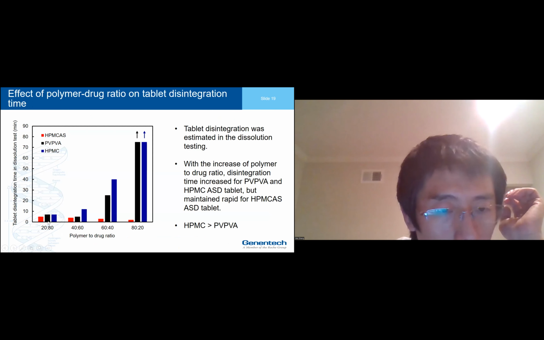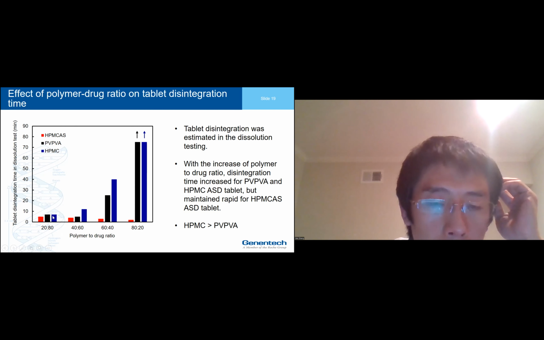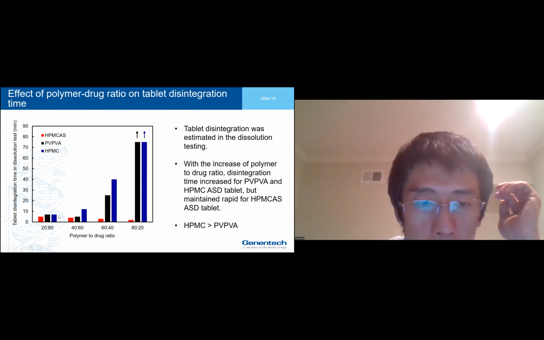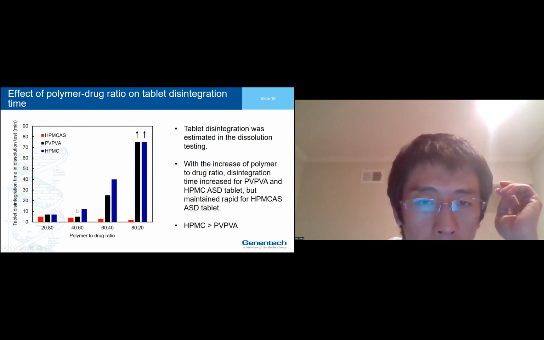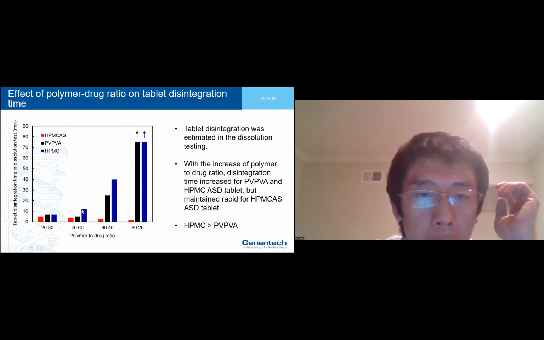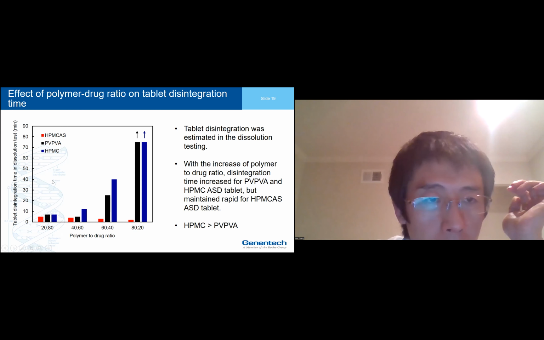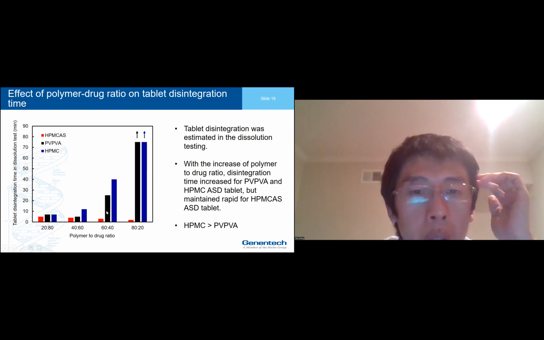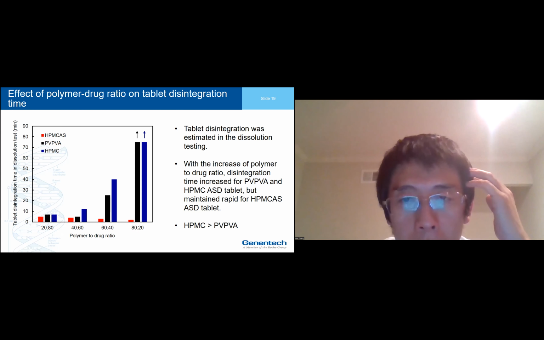At a lower polymer-to-drug ratio, they all have a fast disintegration, but with the increase of the polymer-to-drug ratio, the PVPVA and HPMC-based ASD tablets had a prolonged disintegration time, especially the HPMC ASD tablet, which showed the most significant increase of the disintegration time. For the HPMCAS-based ASD tablet, the disintegration time actually didn't increase too much.